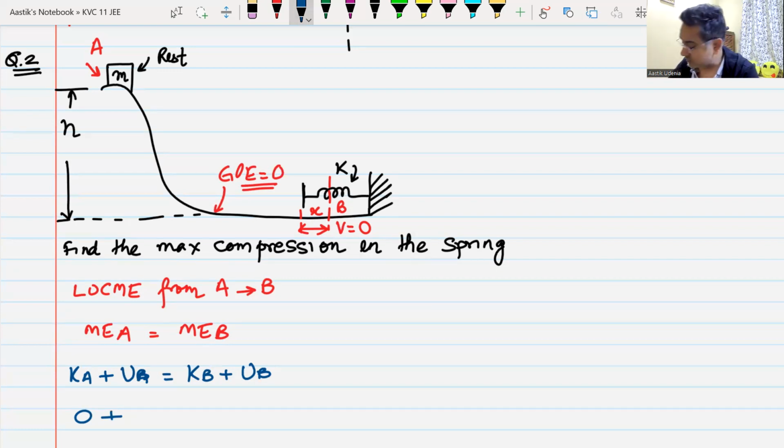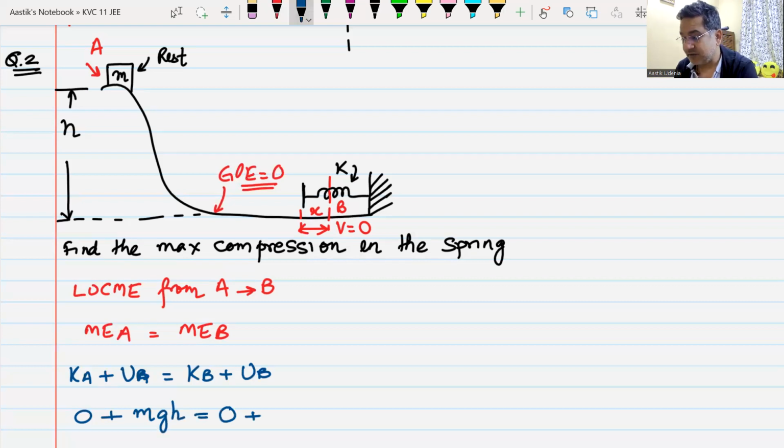It has gravitational potential energy mgh. There is no spring, so there is no spring potential energy. That must be equal to the energy at point B. What is the kinetic energy at point B? 0.